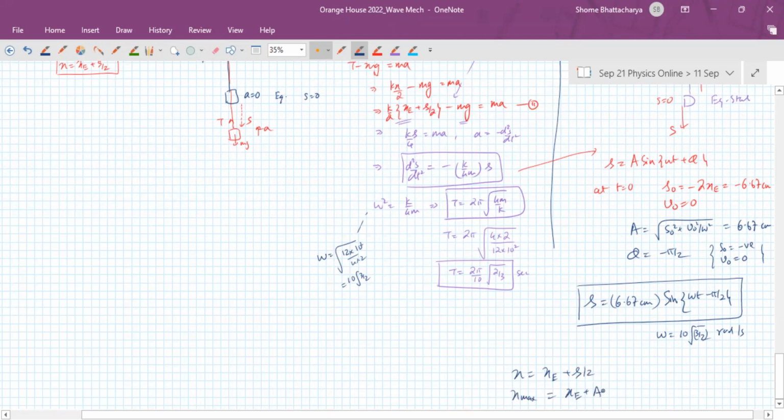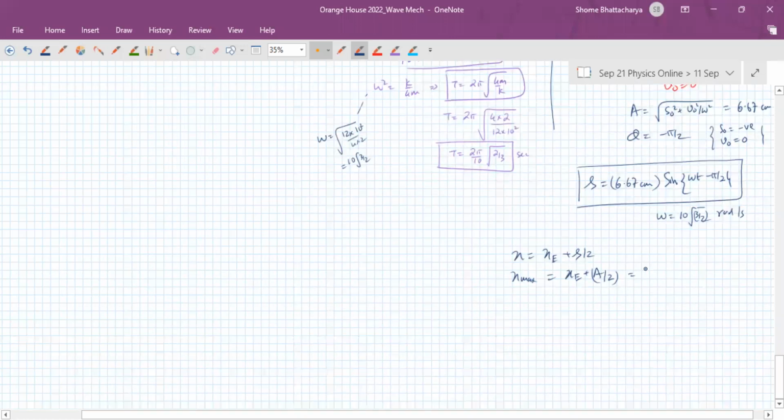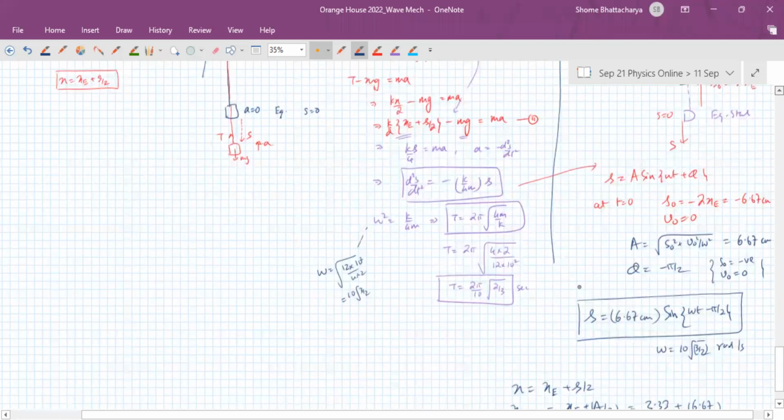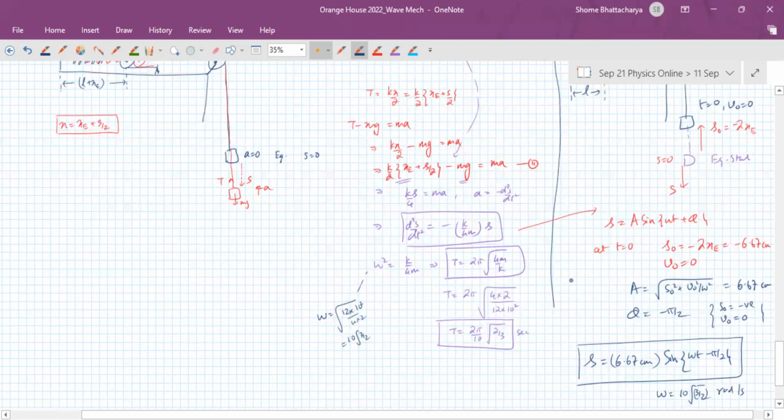So this will be the maximum extension of this spring. Okay, so with this, we complete this additional practice problem exercise.